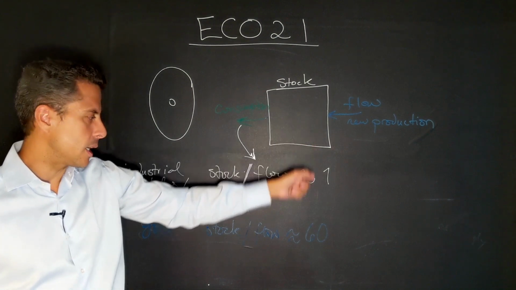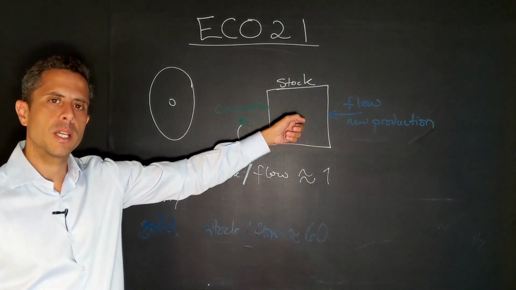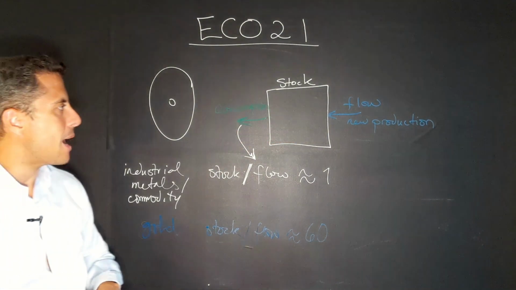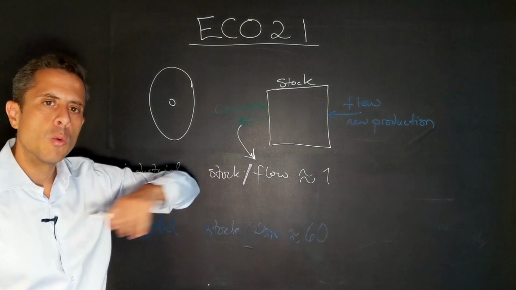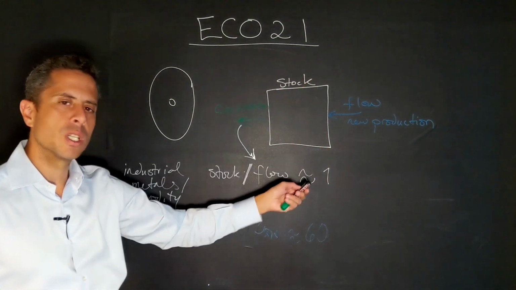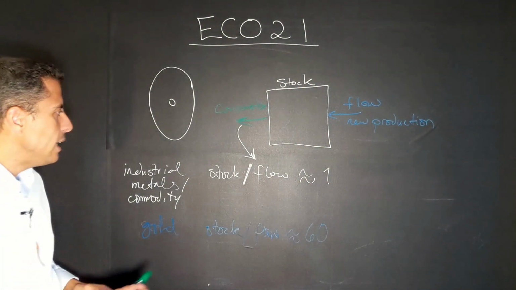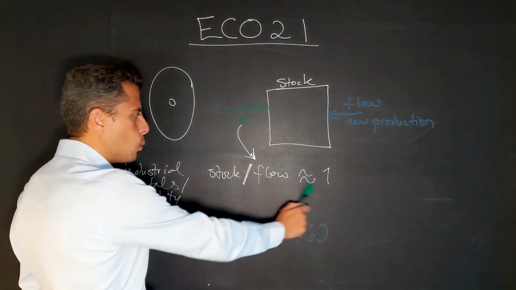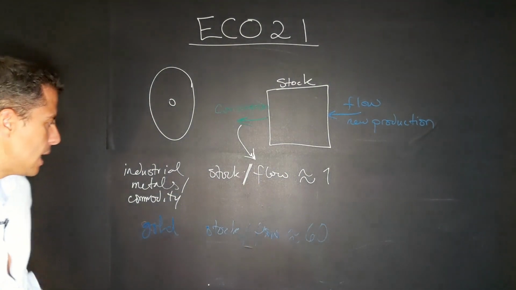It's not 1% like in the case of gold, it's going to be like 50%, 100%, or 200%, or 300%. You can get this massive increase in the stockpile, which floods the market and brings the price crashing down. So anything that is an industrial commodity will have a stock to flow around 1.